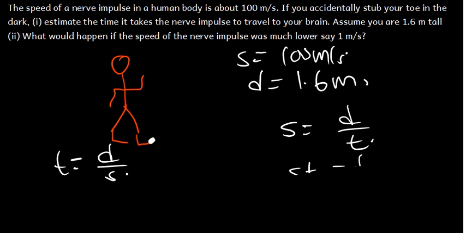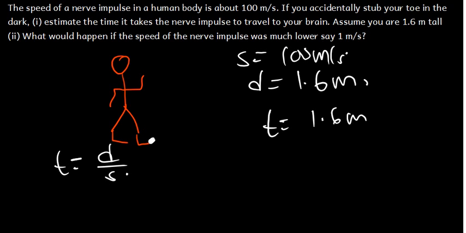We can now plug in the values. We'll find that time will be equal to the distance, 1.6 meters, over the speed, 100 meters per second.